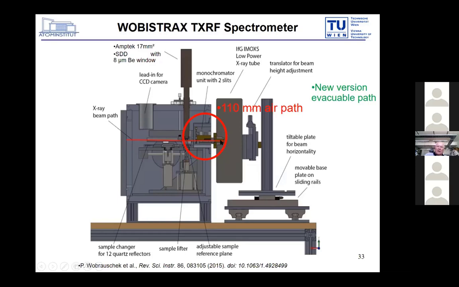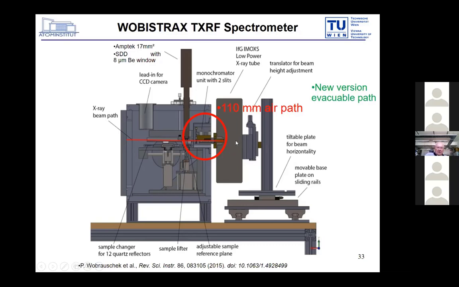We were able to place here an evacuable tube with a window, and this is now the version which has an evacuable path for the light elements, in particular for the rhodium L, which would be drastically absorbed on this total path length to the detector.